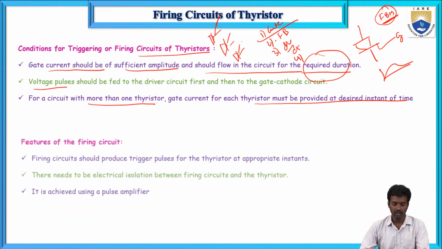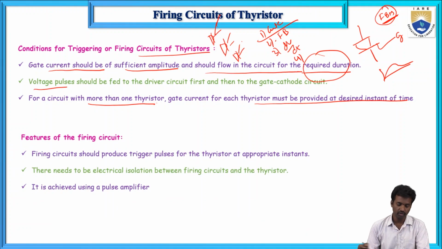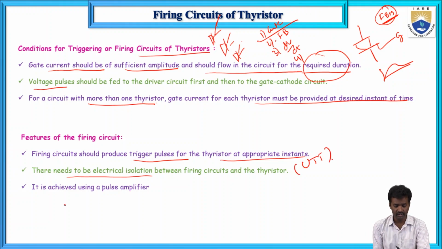Now, what are the features? The first feature is that the firing circuit should produce triggering pulses for the thyristor at the appropriate time instant. There needs to be electrical isolation between the firing circuit and the thyristor. This we will attain in the UJT firing circuit, and it is achieved by using a pulse amplifier.